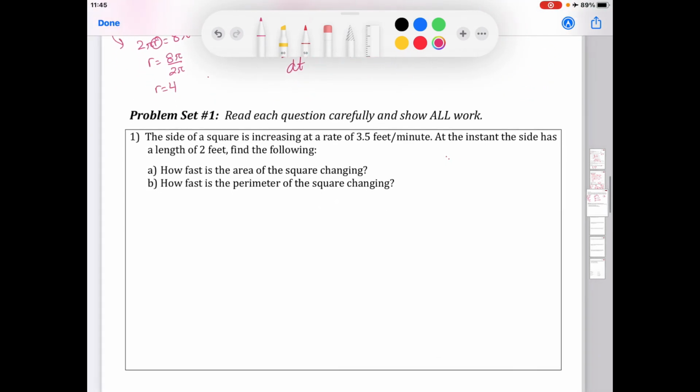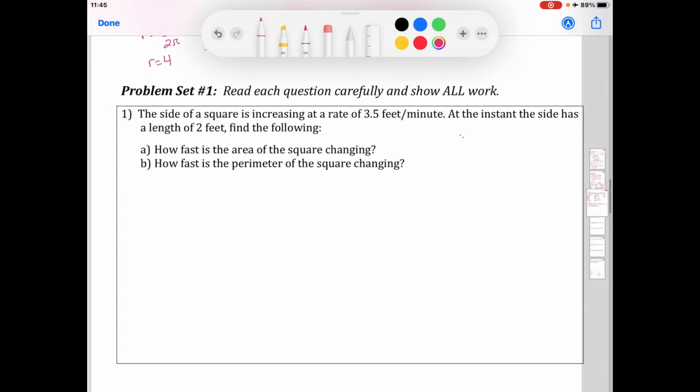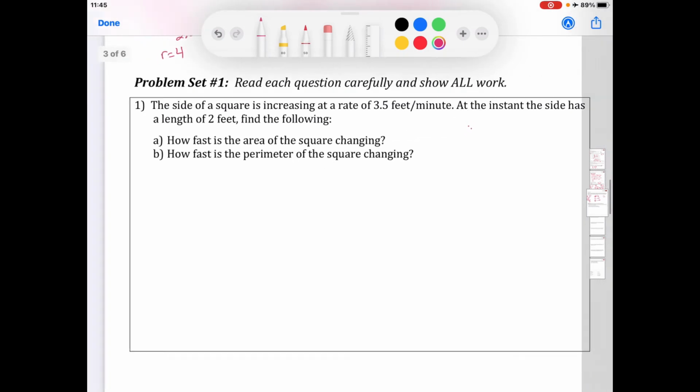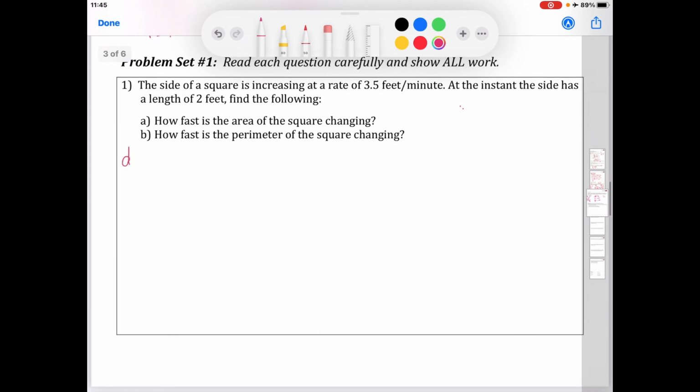Okay, I'm going to do one more question, and then I'm going to leave you with the remaining lesson to finish up. So it says the side of a square is increasing at a rate of 3.5 feet per minute. So it's talking about the side of a square, so let's call that S. My rate of change is what? ds/dt is 3.5 feet per minute.